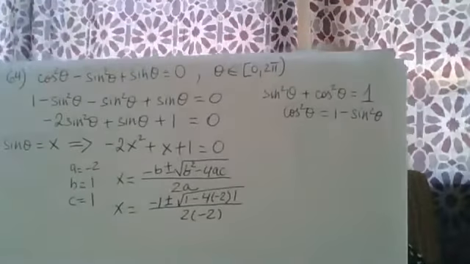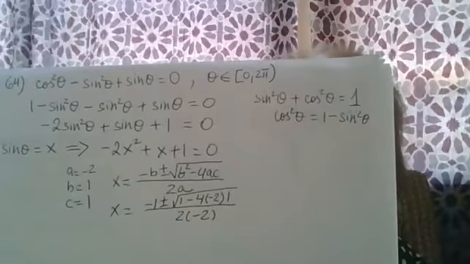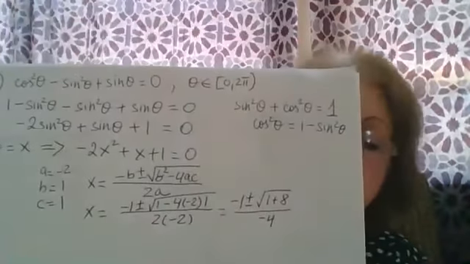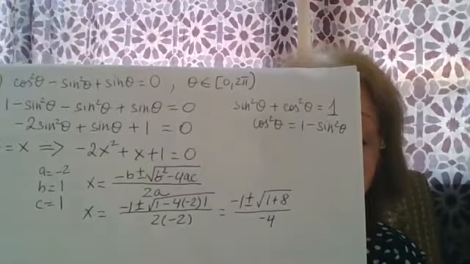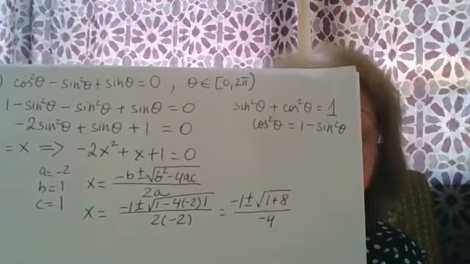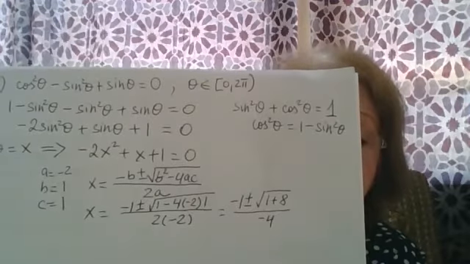I plug in all my numbers, and now I'm going to simplify. So it will be -1 plus or minus the square root of 1 plus 8, over -4.